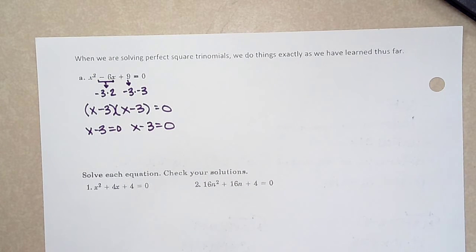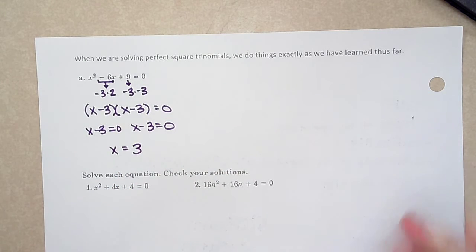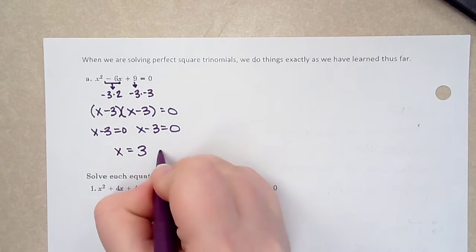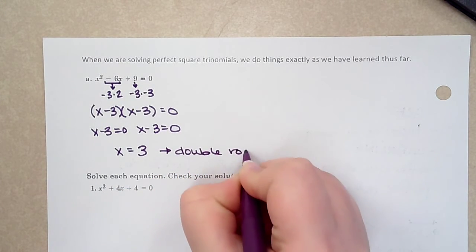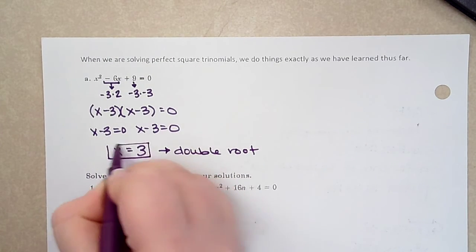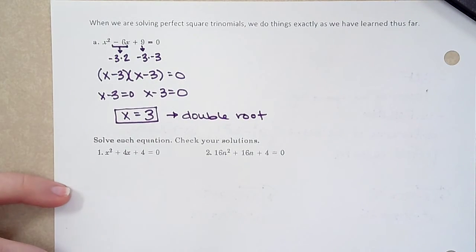Now you'll notice because they're the same factors, we end up with only one answer. And this one answer has a special name. It's called a double root. Because we have it 2 times, it's double. All right, let's keep going with this.